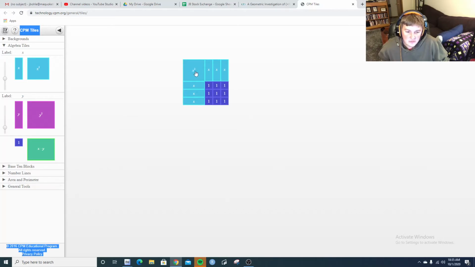The root of this term is x. The root of this term is 3. So then when I actually go and figure out my sides, this is going to be x and then 3, and then this will be x and 3. And so as you can see, my length and width are the same.